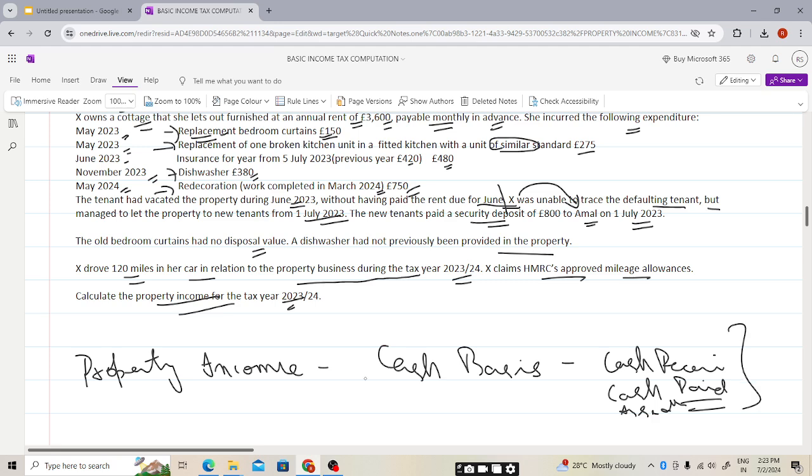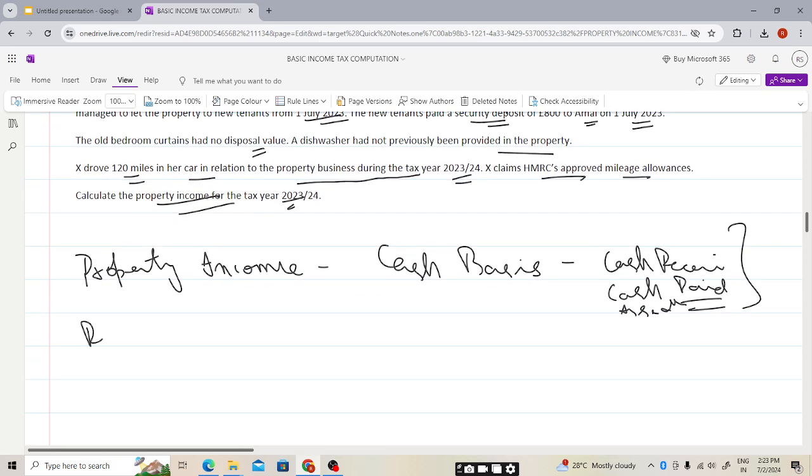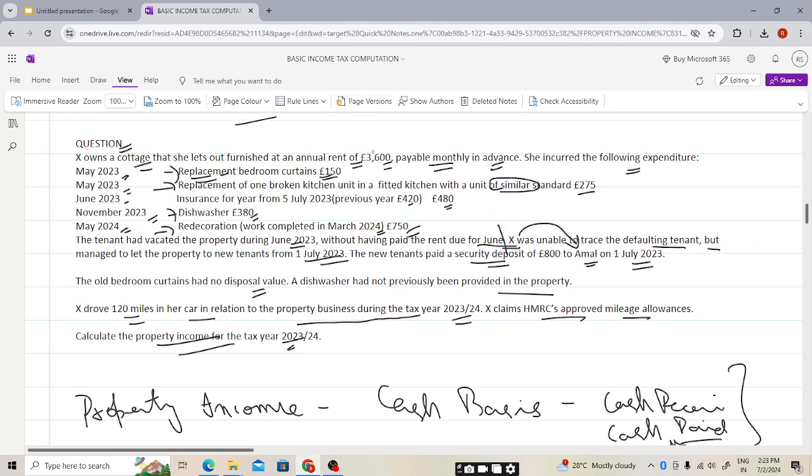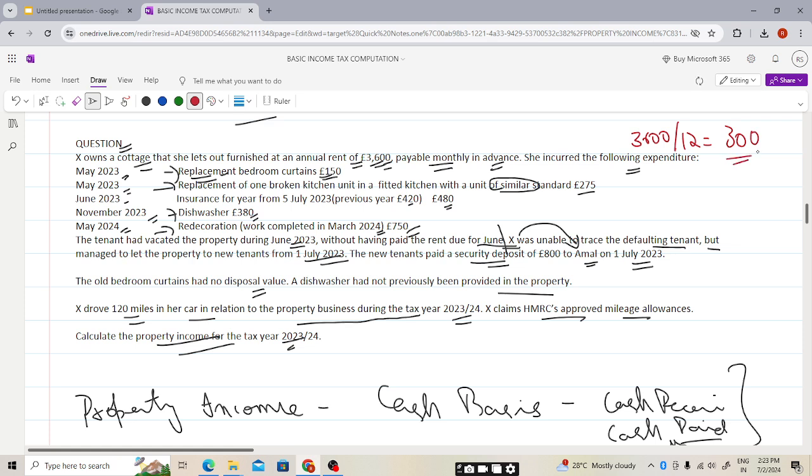So now, what is the rent received? X receives an annual rent of 3,600, so 3,600 divided by 12. Per month rent is 300.